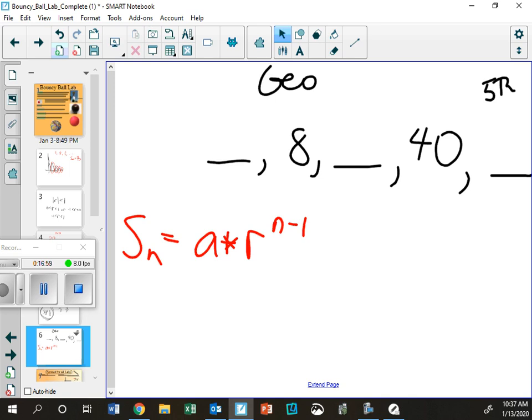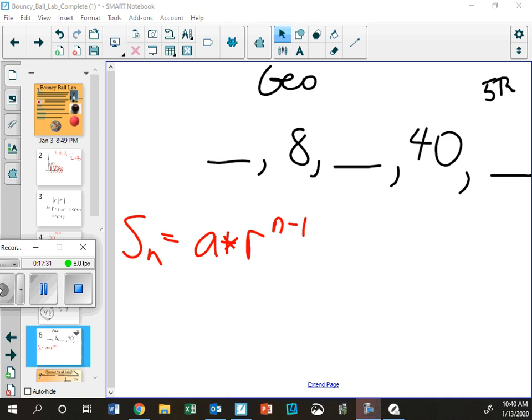The trick is, you'll realize I didn't ever tell you A. And so you don't know A and you don't know R. But you can write two equations that both have A and R in them, and you'll be able to solve it. Two equations. Why? Because you have the second term and you have the fourth term. So you can write two separate equations that both have A's and R's missing. All right, I'm going to pause while you give that a shot.